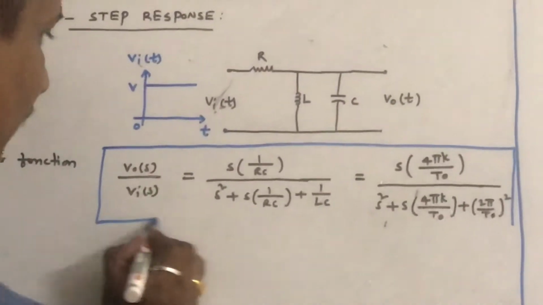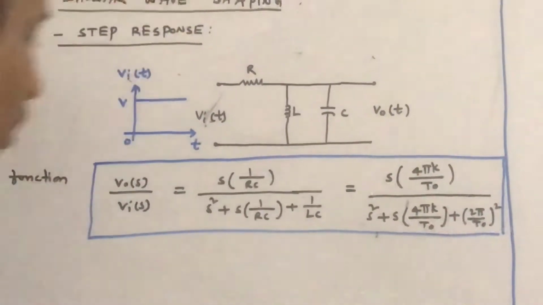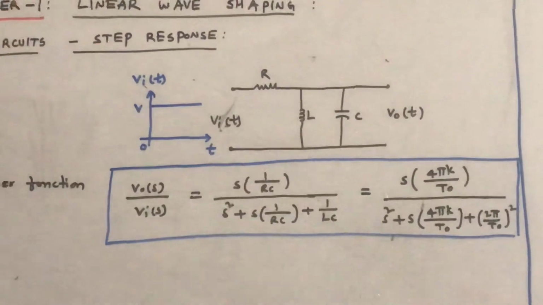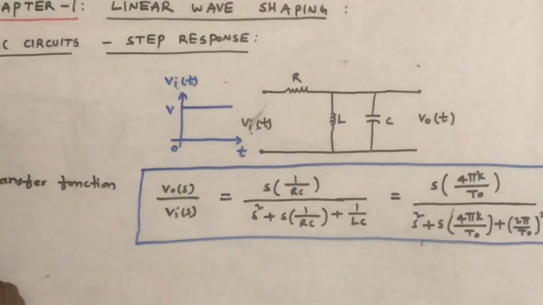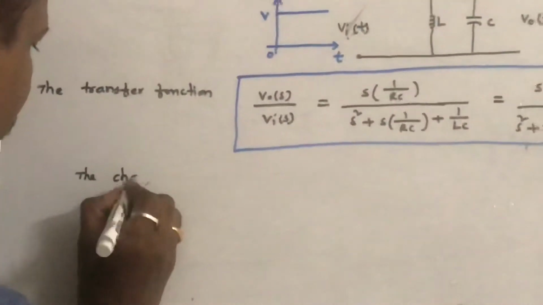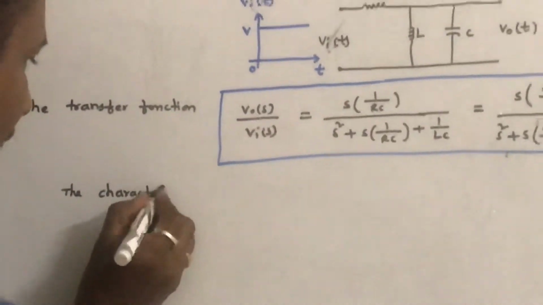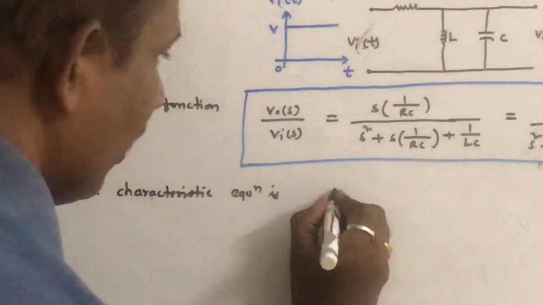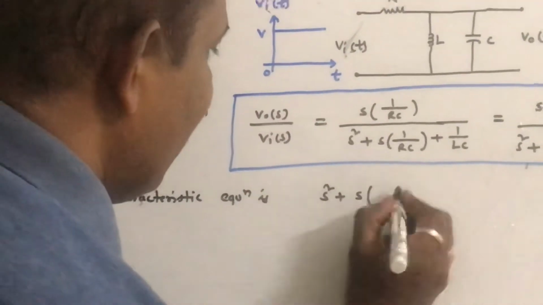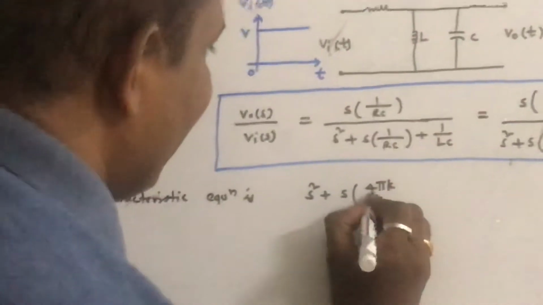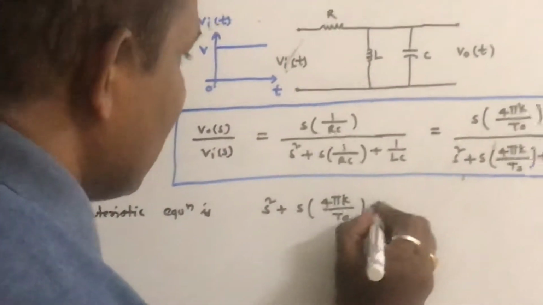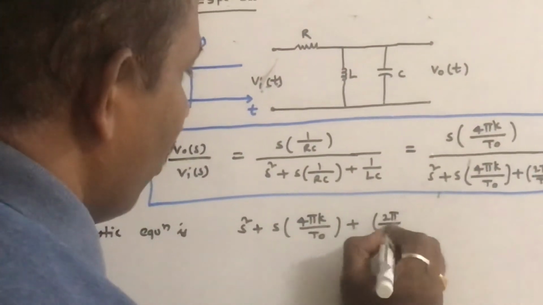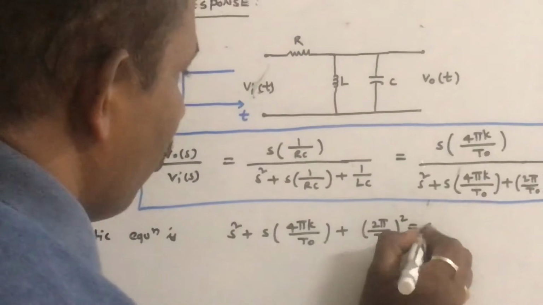So I am recollecting, I am rewriting these equations again. So the characteristic equation is s square plus s into 4 pi k by T0 plus (2 pi by T0) whole square is equal to 0.